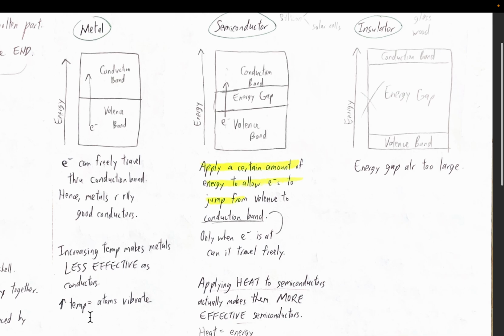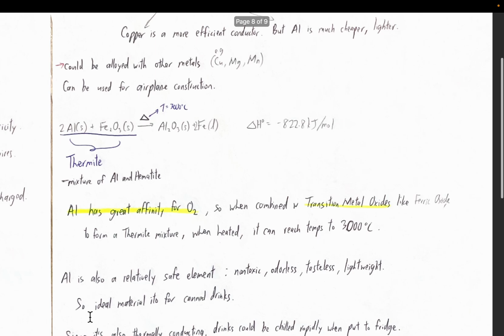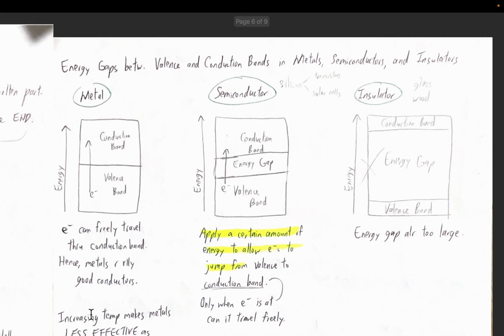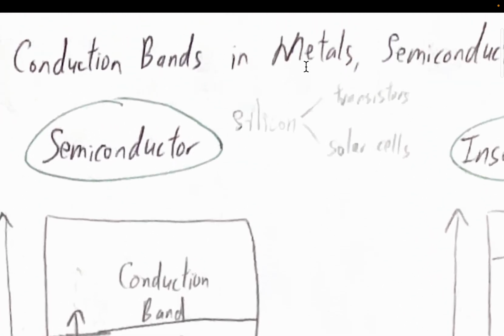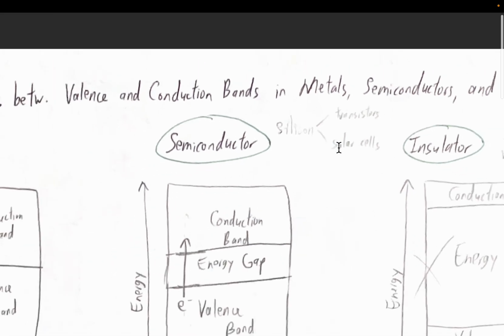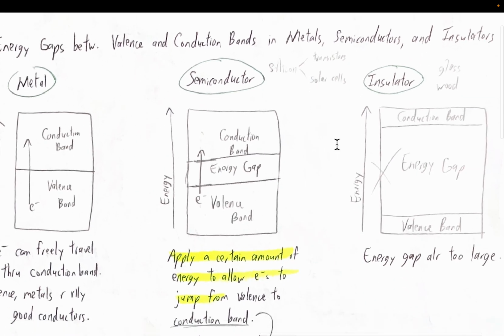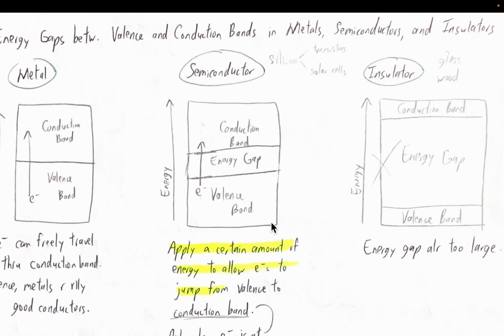The higher the temperature, basically atoms vibrate. So that's what happens. For semiconductors, I believe this has been mentioned in the previous topic. One example is silicon, which is used in making transistors and solar cells. For semiconductors, we have this illustration.